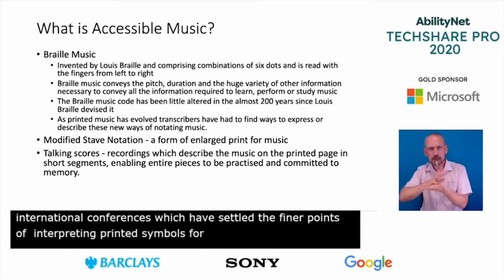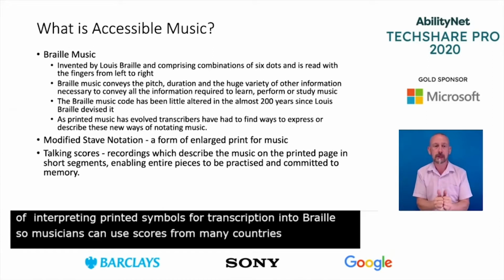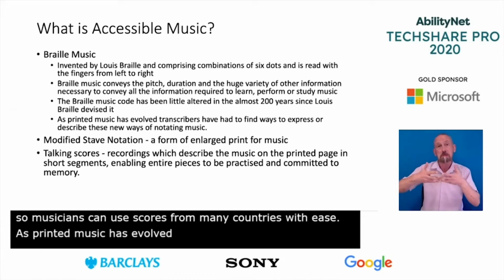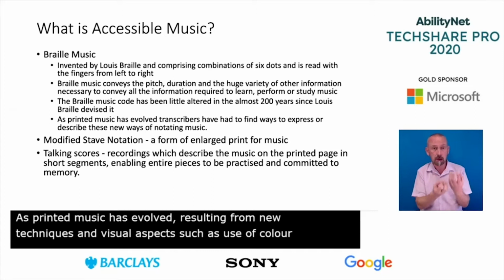So musicians can use scores from many countries with ease. As printed music has evolved, resulting from new techniques and visual aspects such as use of color, transcribers have had to find ways to express or describe these new ways of notating music.